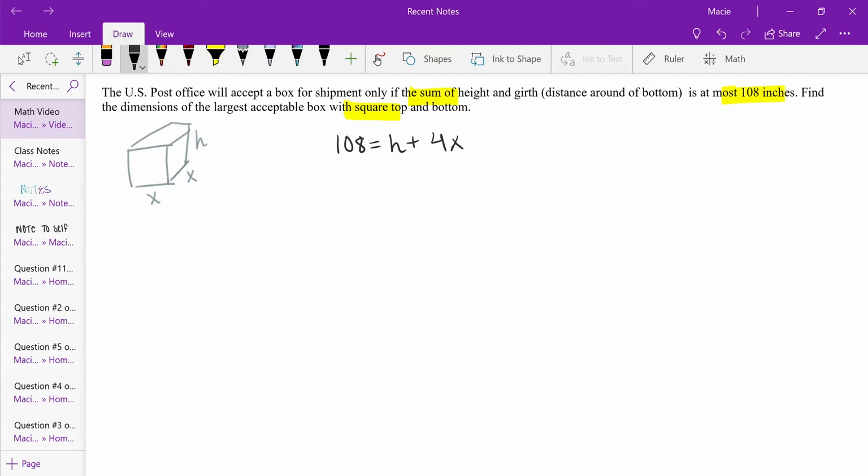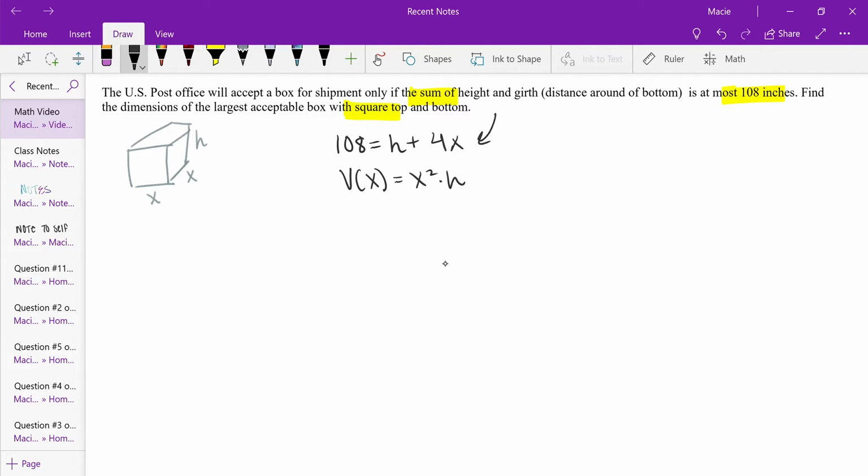And then the function that we will optimize is volume, which is equal to x squared times height. We're choosing this function because we're able to single out the x squared and only use one variable by solving for h using the top equation.